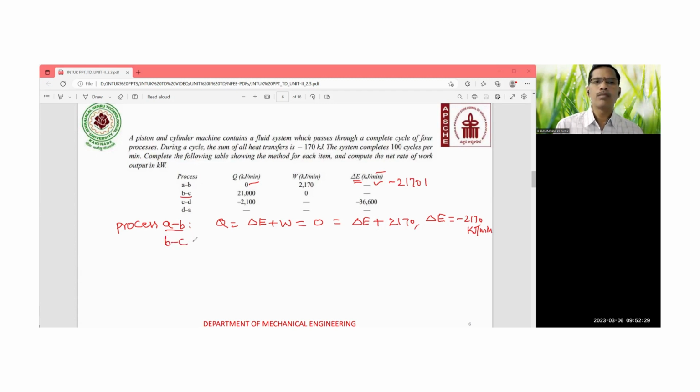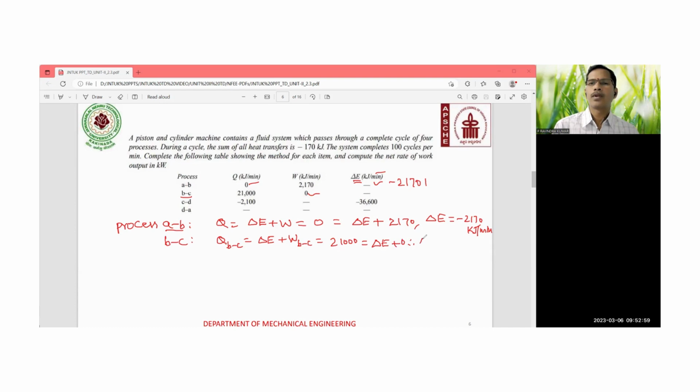So here also, B to C. Apply Q B to C is equal to delta E plus W B to C. Then Q B to C, what is the value? 21,000 is given, is equal to delta E, which is not given, plus W B to C, where the value is 0.